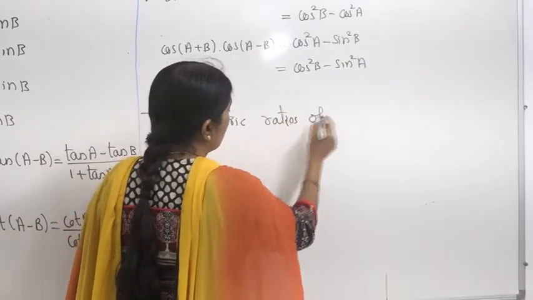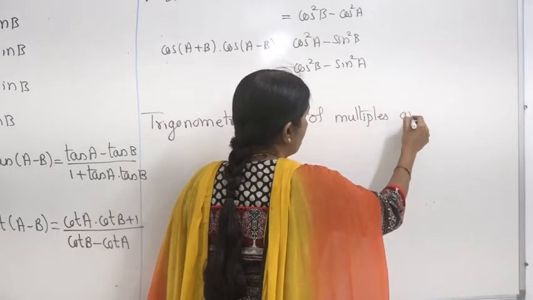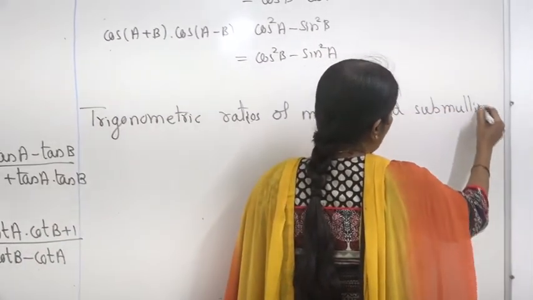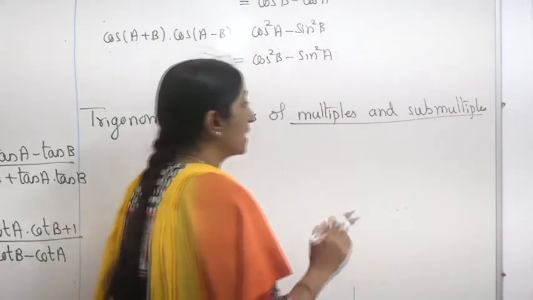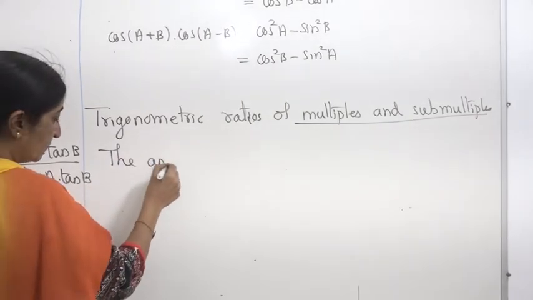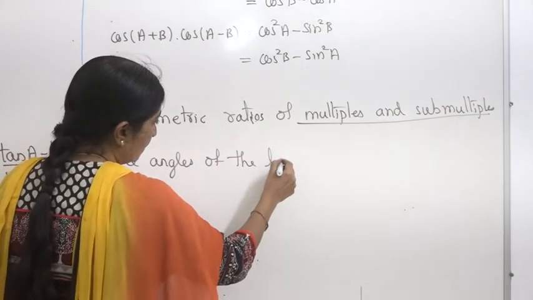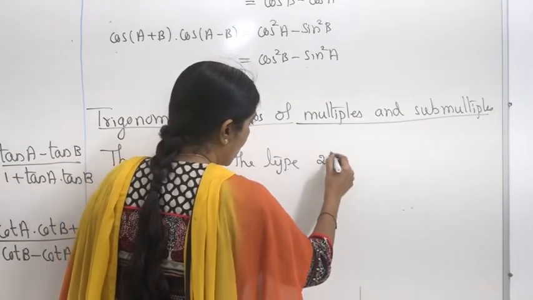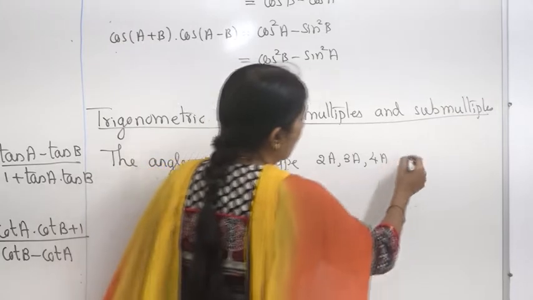After that we are moving to the next, trigonometric ratios of multiples and submultiples. And these are very important, students, mark this. Now the question arises, what are multiples and submultiples? The angles of the type 2A, 3A, 4A are called multiples.